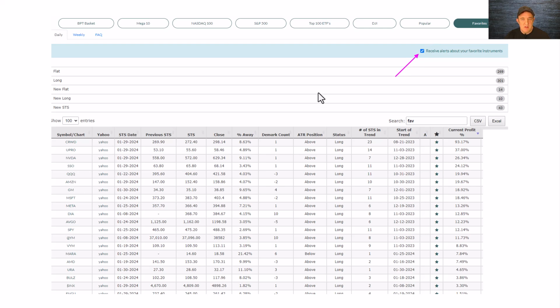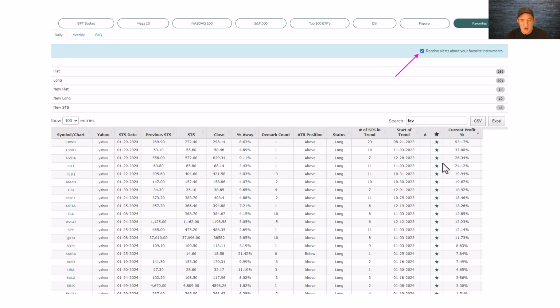Whenever there's a change to one of your favorites, the system takes an entry, or moves its smart trailing stop up, it'll send you a nice clean email that's very easy to follow. These systems are fully automated. You can follow them, or you can use them to manage your portfolios. Awesome resource. There's nothing out there like it. And again, if you're on YouTube, that's another reason to subscribe, so you can get access to this.